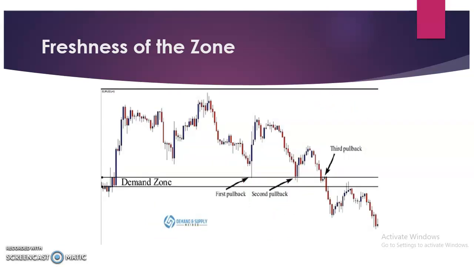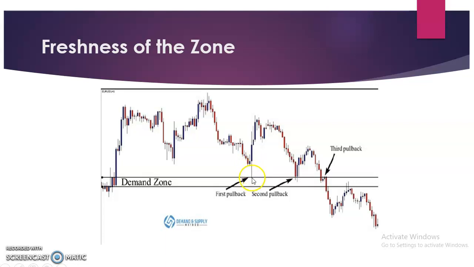All right. Now look at this freshness of the zone again. There is a demand zone around this particular place. A big move that broke this particular resistance in this place. Now this is the first time that the place was mitigated.